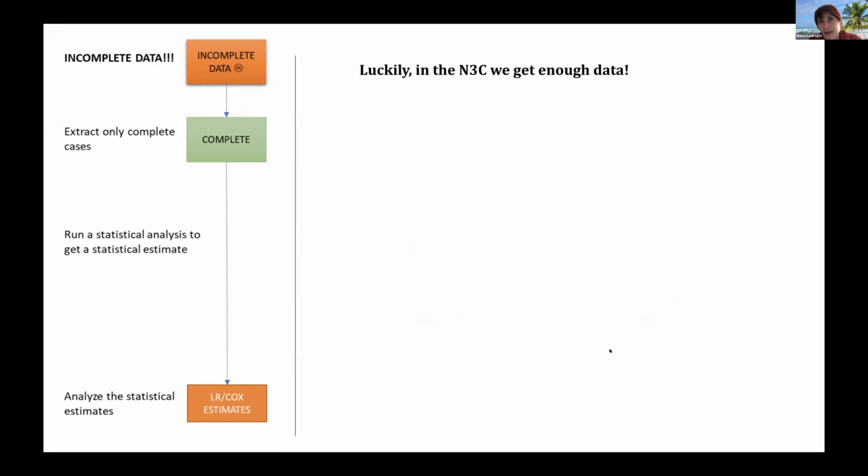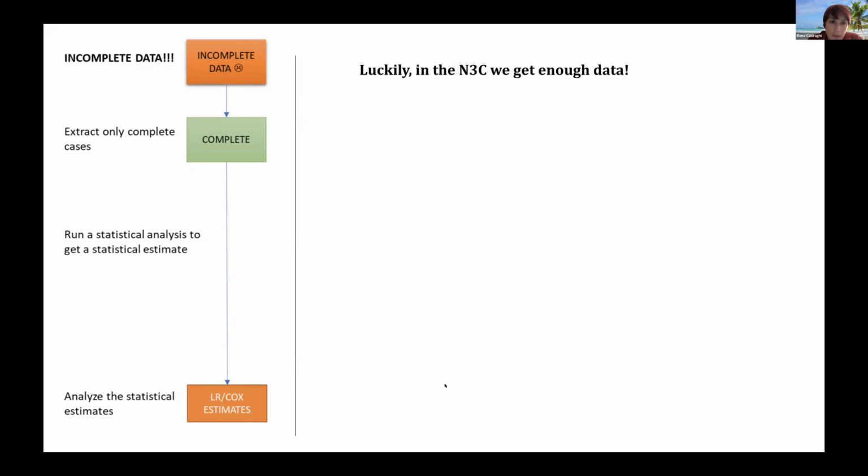We have a dream coming true for the computer scientists. So we have enough medical data that we can take the incomplete data and just consider the complete cases, and this time we get a complete data set.